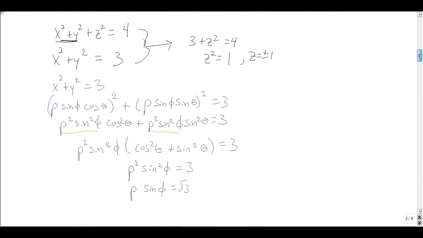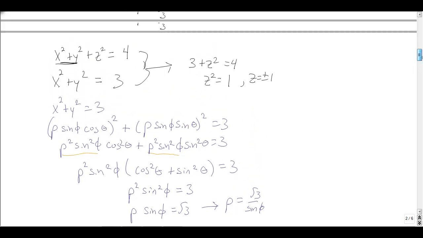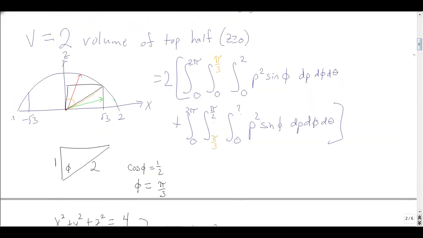So we want to solve the equation of the cylinder for rho. It tells me rho equals square root of 3 over sine phi, or maybe square root of 3 cosecant phi. So what we can do is go here, and this question mark turns into square root 3 over sine phi.